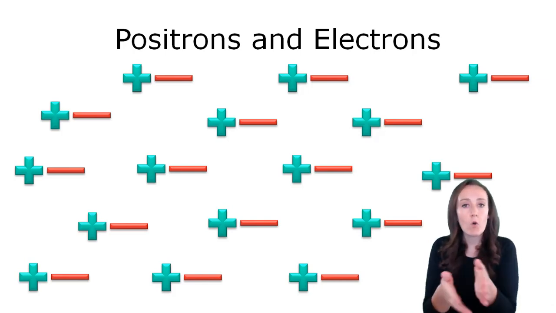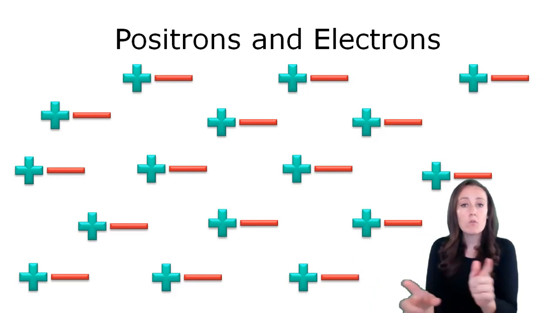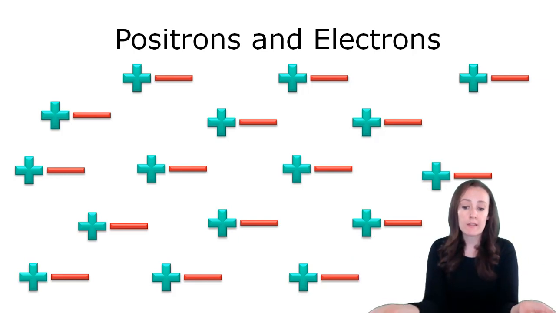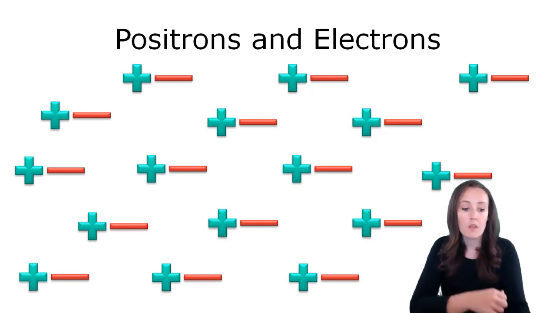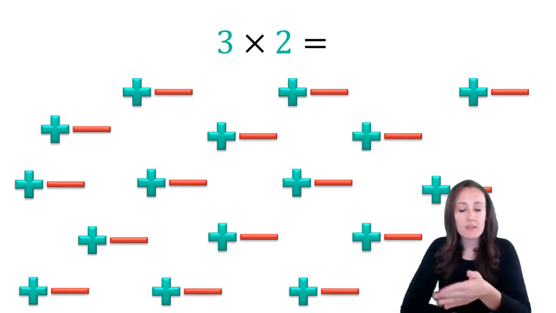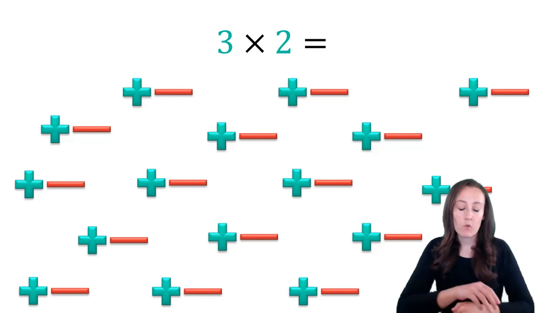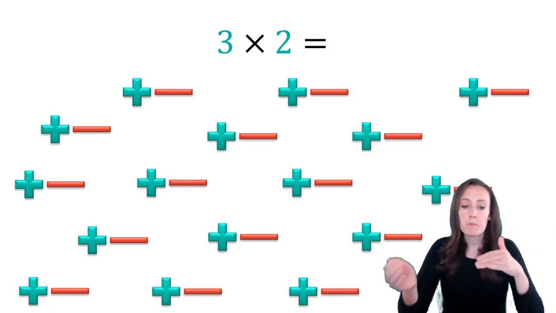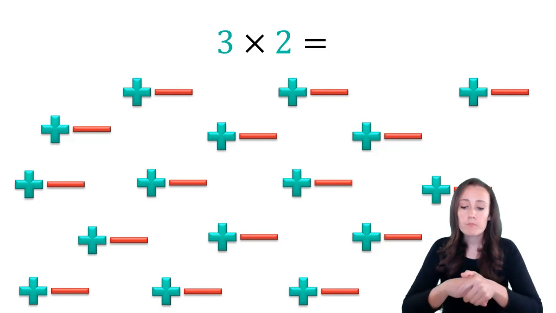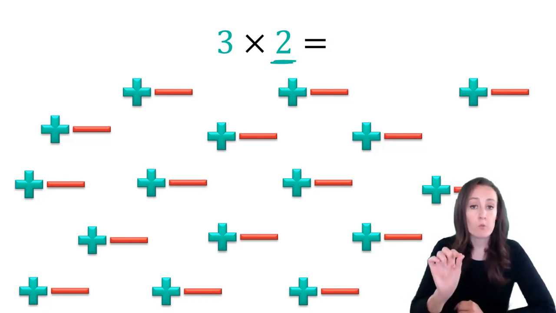When you have a whole bunch of positrons and electrons paired off together, the overall charge of the situation is 0 because all of them are neutralized by the other ones. So if I do 3 times 2, I'm going to be changing this situation so that it has either a positive or negative charge. The way that I do that depends on what the numbers are that I'm multiplying. I'm going to have the second number represent my groups.